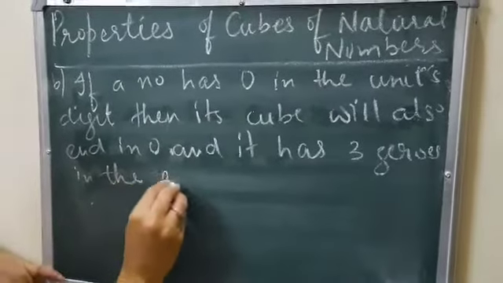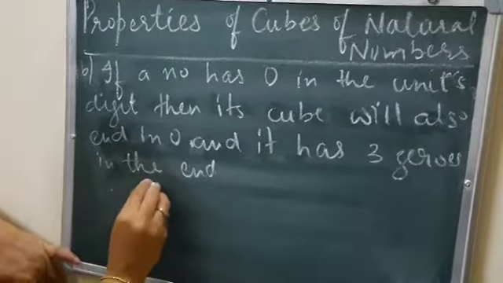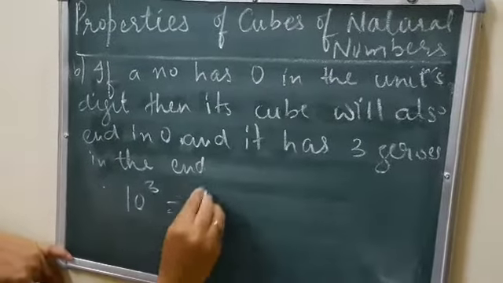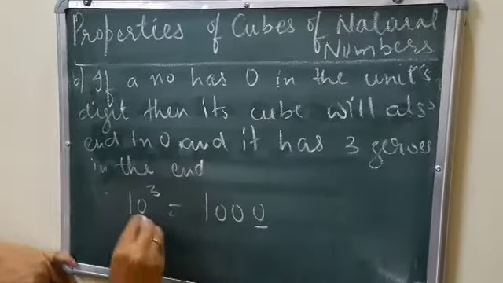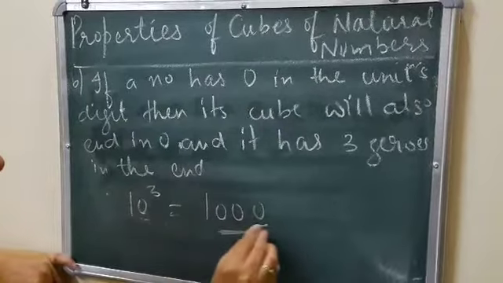For example, if I take the cube of 10, it is 1000. You can see the unit digit is 0 and the same, and it has 3 zeros.